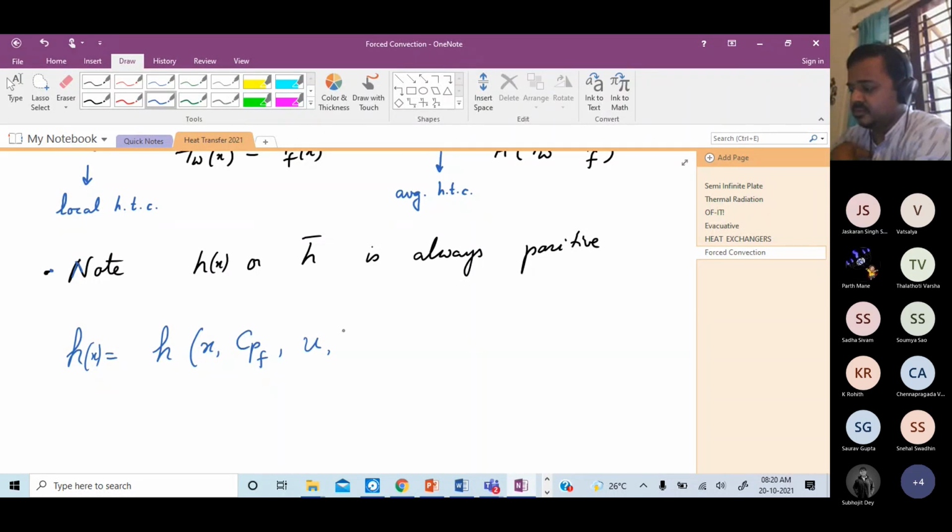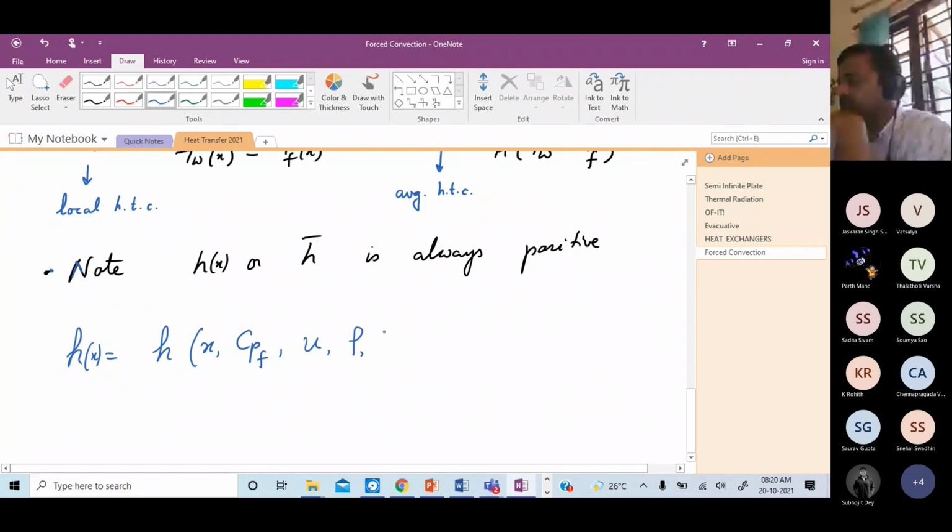Maybe density. Any other thoughts? Of course, when you say density, I'm assuming density of the fluid, right? What else?